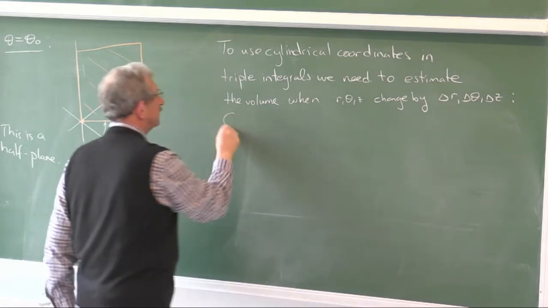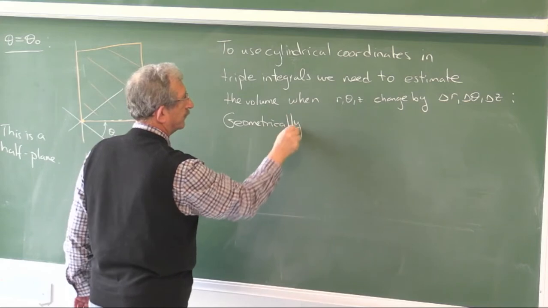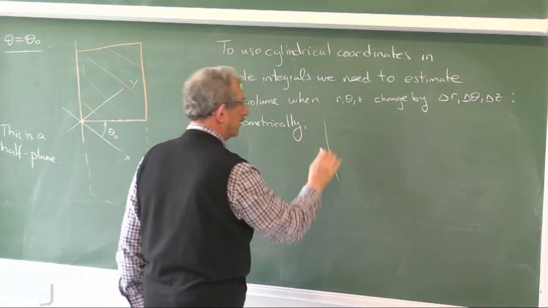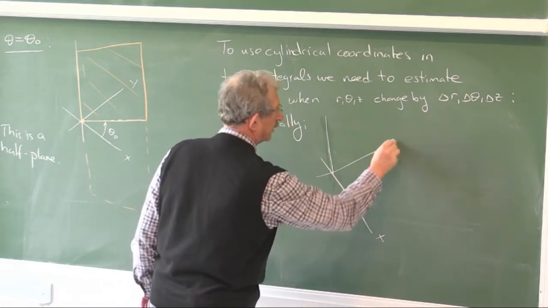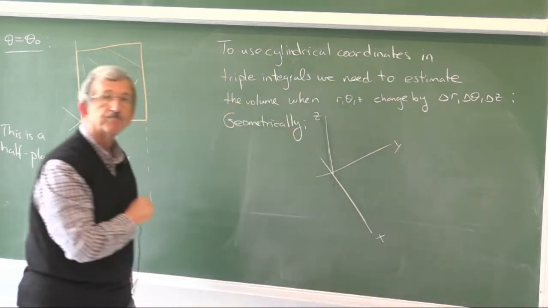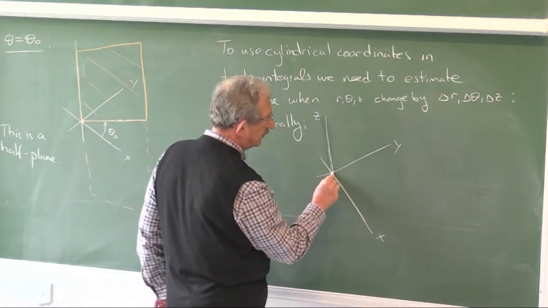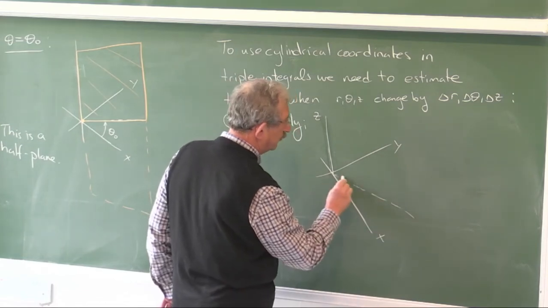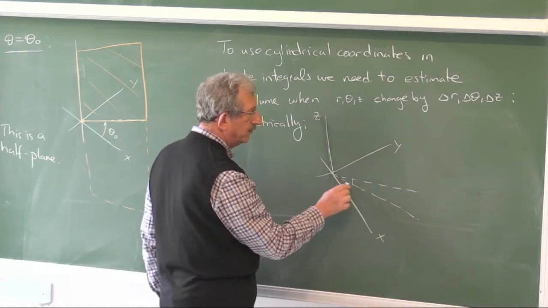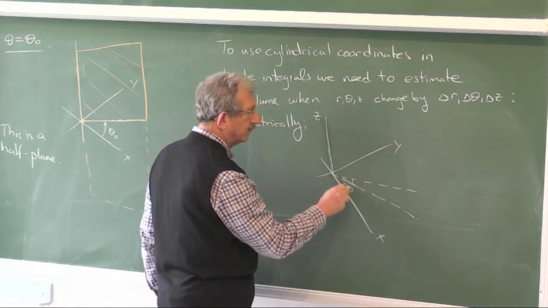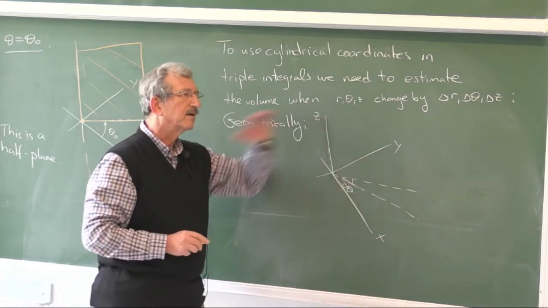Now, geometrically, this means the following. Okay, let us look at our XYZ system. So what we are doing, well, let us look at these two rays. Why? Because this will be my delta theta. I will increase at some point by delta theta.